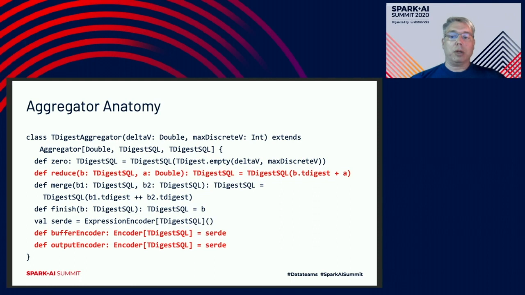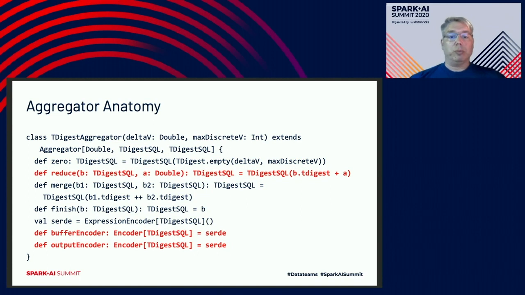It's operating directly on my T-digest data type. And so there's no serialization or deserialization required. Thirdly, you can see at the bottom that it uses the encoder interface to describe the serialization. This is a much nicer, more capable interface to work with and more versatile.